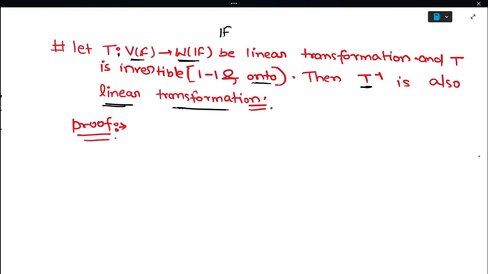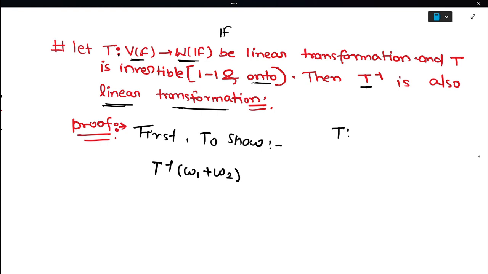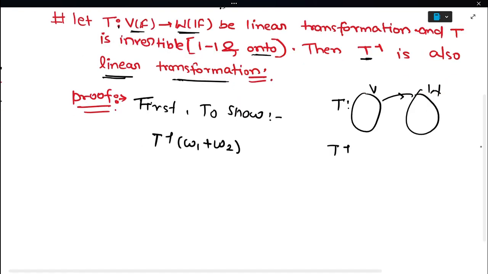Okay, so firstly, to show T inverse of W1 plus W2, what we know is that T is a linear transformation from V to W. So how will T inverse look?